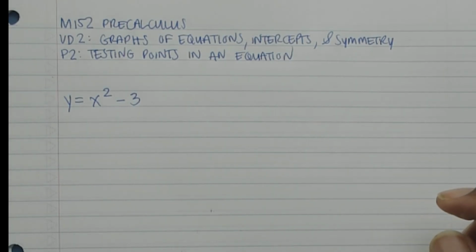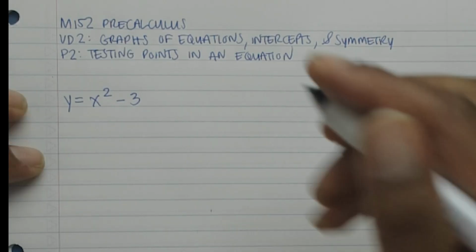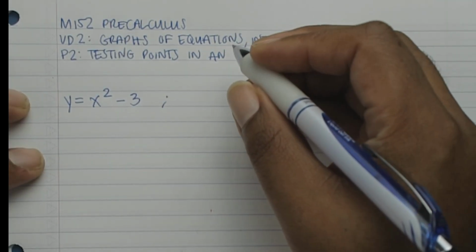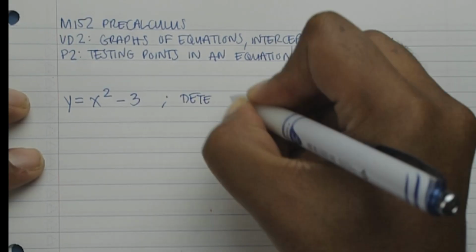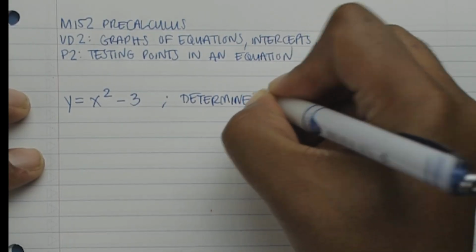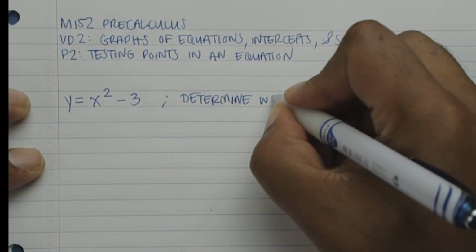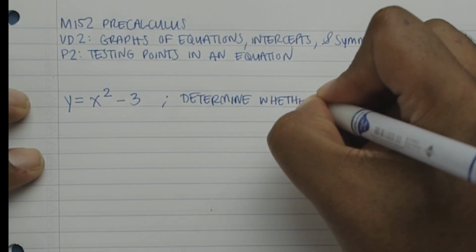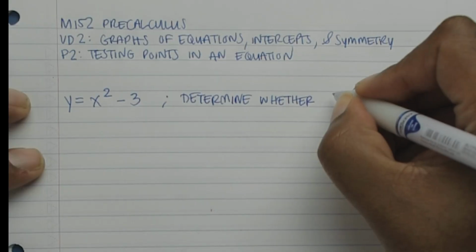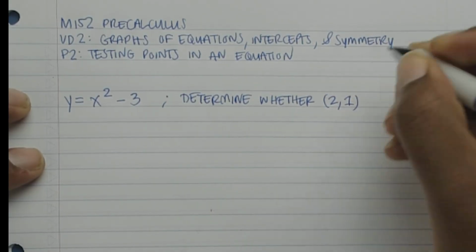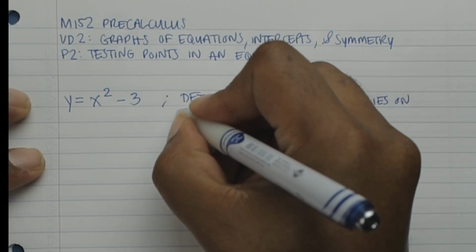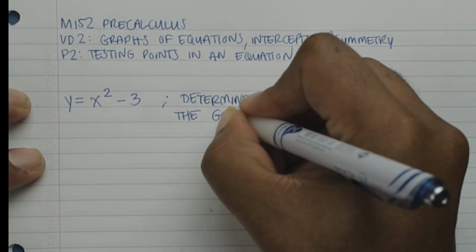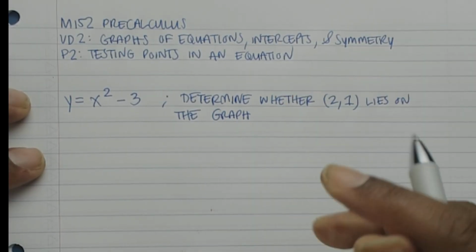Now we need to determine whether a point lies on a graph. So let's just create a point. Let's determine whether (2, 1) lies on the graph.